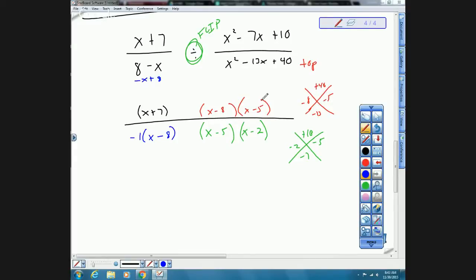All right, so now you have what? X minus 5, x minus 5, x minus 8, x minus 8. So we end up with x plus 7 and x minus 2. We have this negative 1, so I'm just going to write the negative 1 out here.